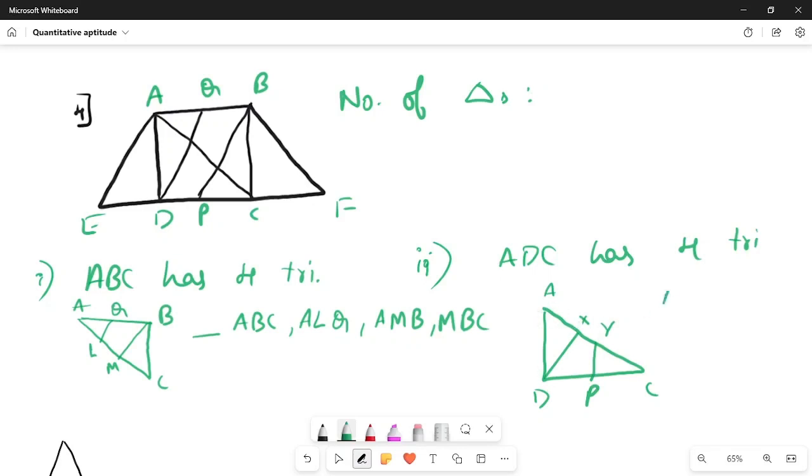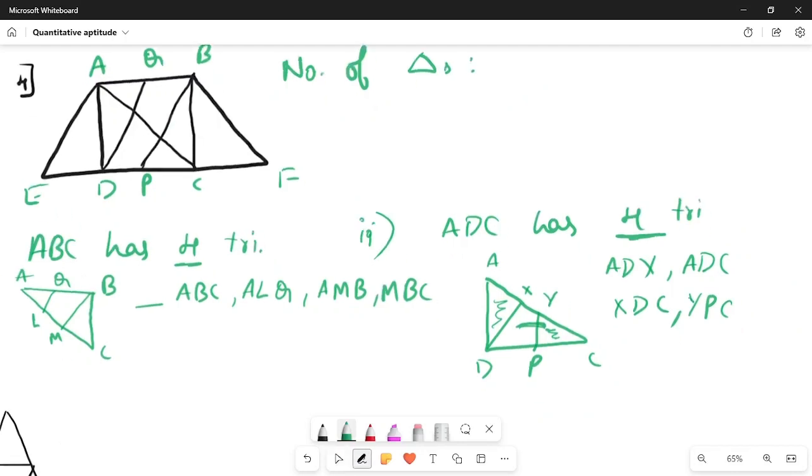ADX is 1, and then ADC is another 1. Then you consider this XDC, and then YPC. This is one triangle, this is one triangle, and these two together one triangle, and all three together one triangle. Therefore, four triangles in ABC and ADC.